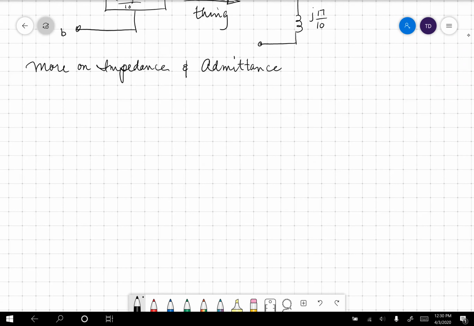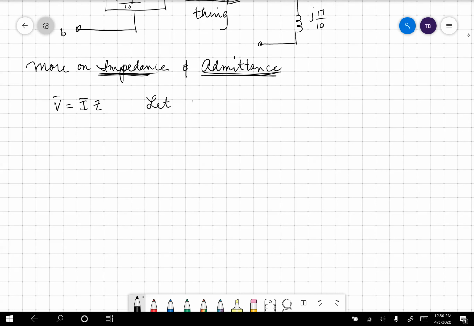So we're going to talk a little more about impedance, but at the same time, I want to talk about admittance. So more on impedance, more on admittance. Let's go back to this relationship. V equals I phasor times Z. And let's now let the following be true.